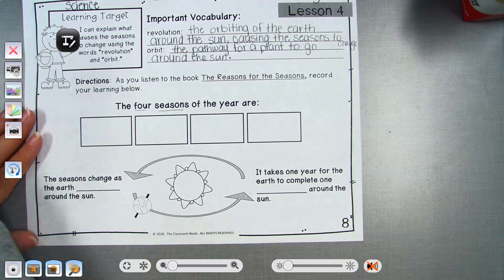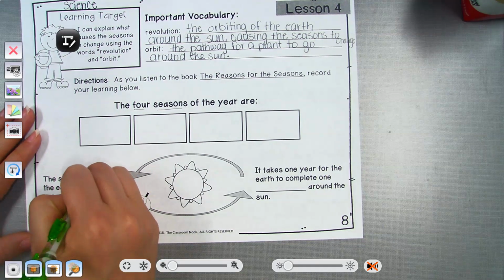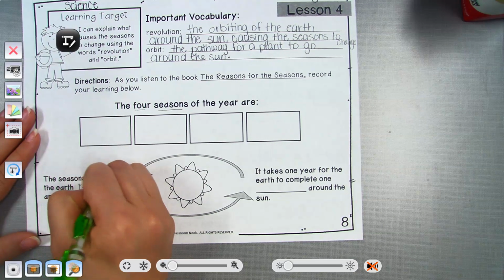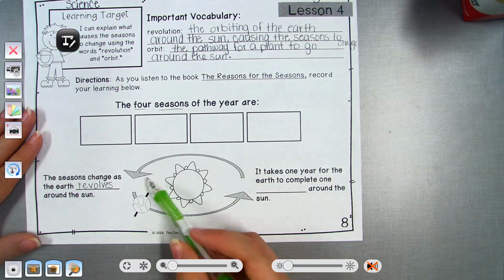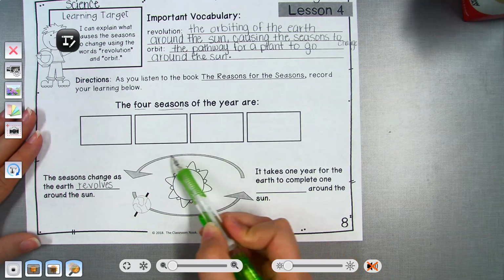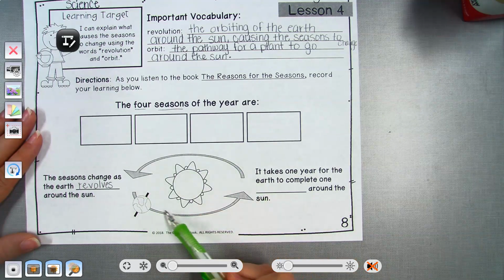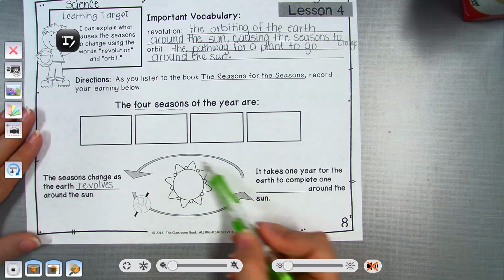It says that the seasons change as the earth revolves around the sun. So the earth is what's revolving around the sun. If you notice these arrows, here's my earth, and it's tilted on its axis. If you look at the arrows, that's how the earth is revolving around the sun.